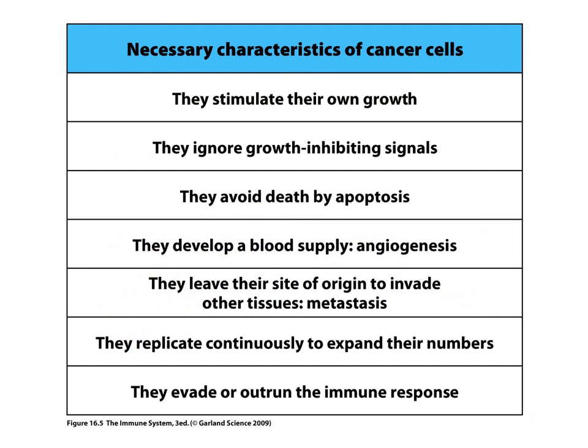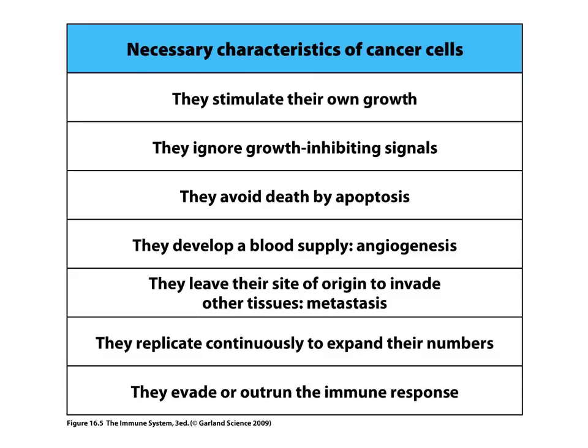Just a recap from what you hopefully remember from your pathophysiology, that when we say a cancer cell, it has some characteristics, like one of the characteristics they have is that they're out of control.